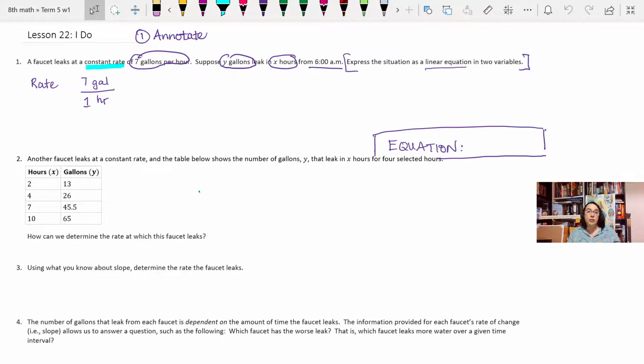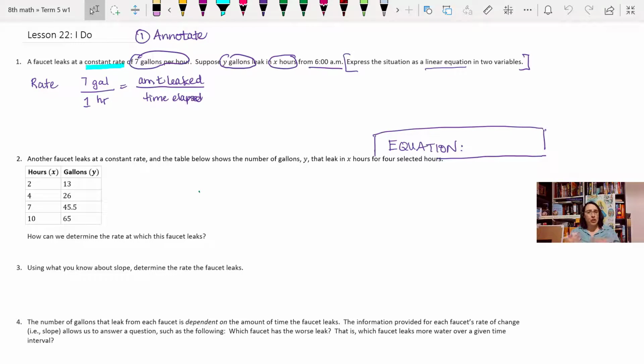Now, if it's a constant rate, it should be equal to the amount leaked per time elapsed over any interval of time. This is like what we saw when we looked at Hal's speed walking. His constant speed was equal to his average speed, so distance traveled divided by time elapsed over any interval that he was traveling at, because he always was going at the exact same speed.